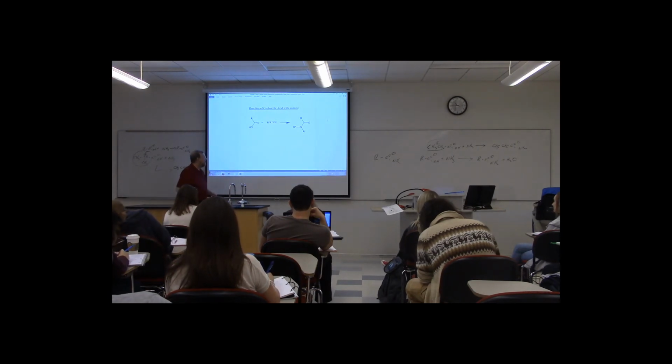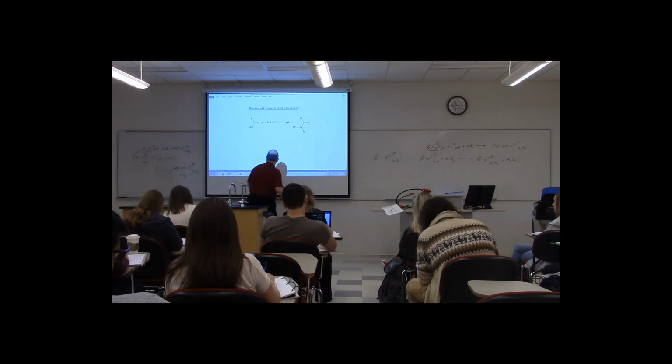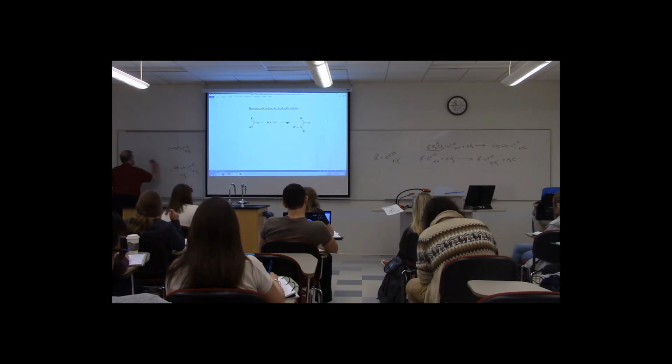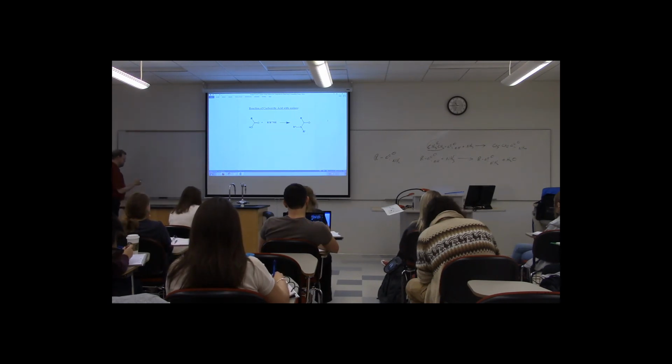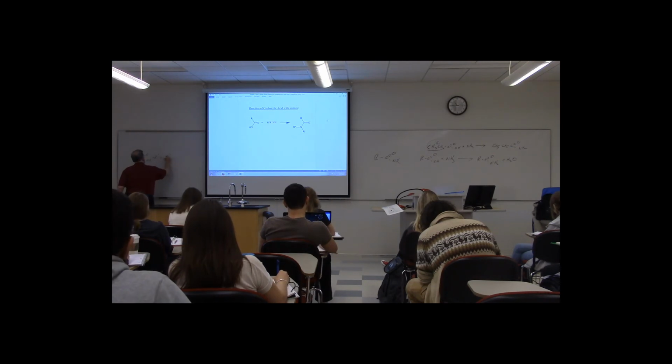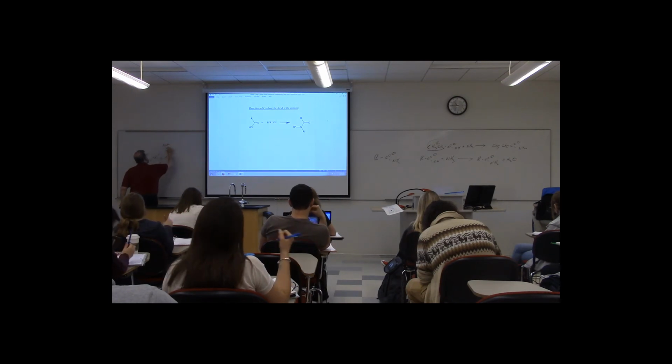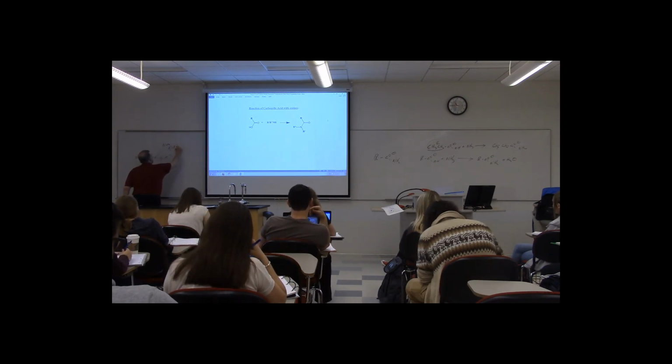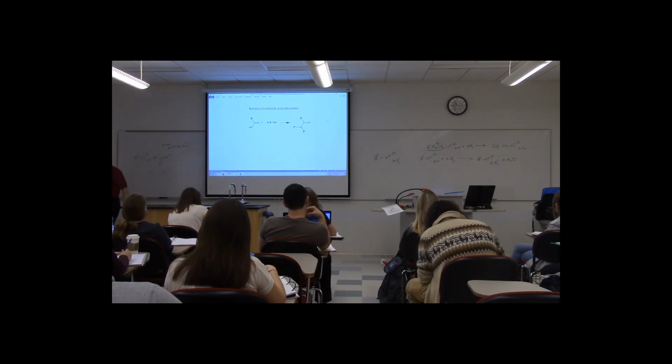All right, now, how else can you make an amide? To make a more complex amide, instead of dealing with ammonia, you can react a carboxylic acid with either a primary or secondary amine. And if we take a carboxylic acid and react it with an amine, you'll make an amide.